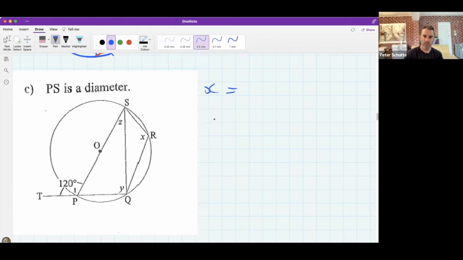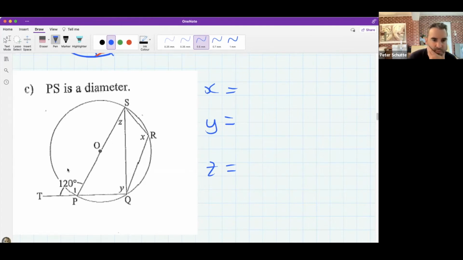X equals. So Darren's got an answer there for Y. Looking good, Darren.